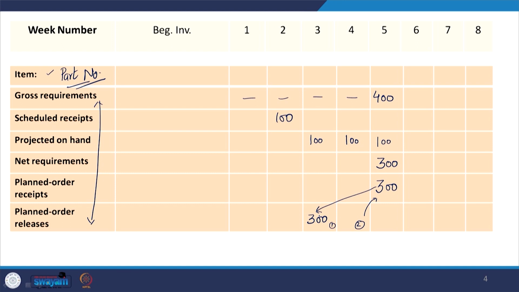You have released the order in the third week and this order will be received by you in the fifth week, because the net requirement was 300 units and therefore, you will be able to fulfill the gross requirement of 400 units. Already some scheduled receipts were there, therefore, your net requirement became 300 units. If there were no scheduled receipts, this net requirement would have been 400 units and then your planned order release would be of 400 units. So, this type of information will be the part of your MRP output.